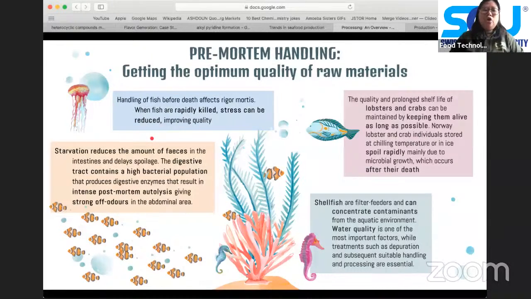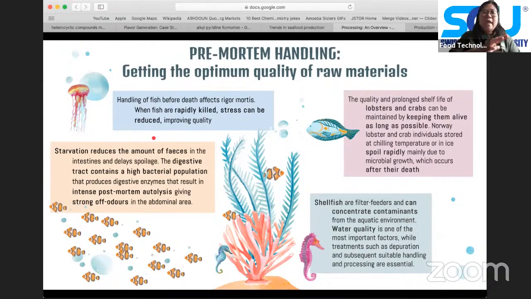This has been shown to delay spoilage in fish because the digestive tract of the fish contains a high bacterial population. Also, it contains digestive enzymes that result in post-mortem autolysis and a strong odor in the abdominal area of the seafood.